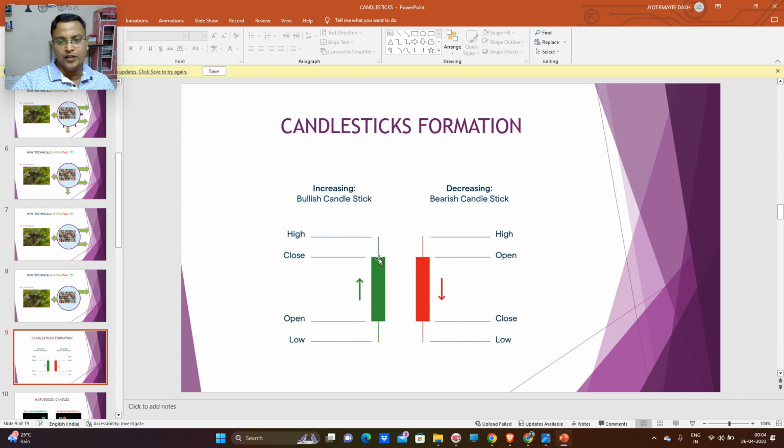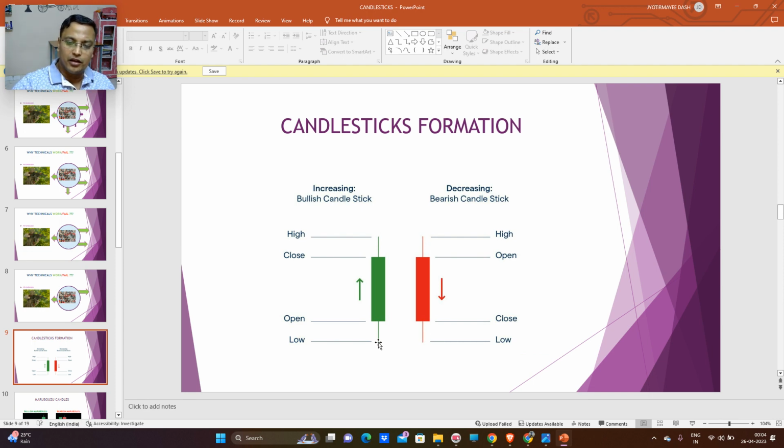Now, this colored portion is called the body of the candle, the main part or the bulk of the candle, because the candle opens at this price. Then this is called the wick of the candle or the shadow of the candle. In the green one, you can see a thin line. Now, the candle opened here, but some sellers sold so much that the price came down to here.